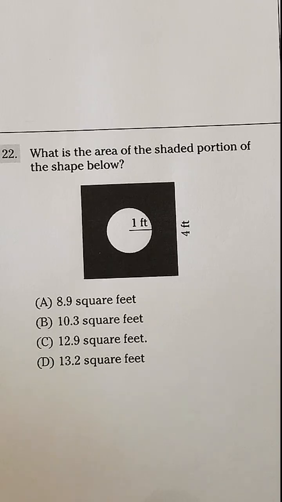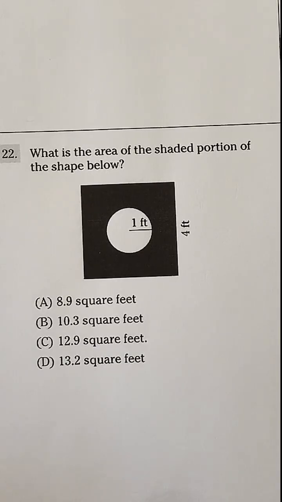And remember, you're looking at the shaded portion. If you had to take a guess, it would be A. Okay, so you're lost now? All right. So we're saying C, we're saying D.